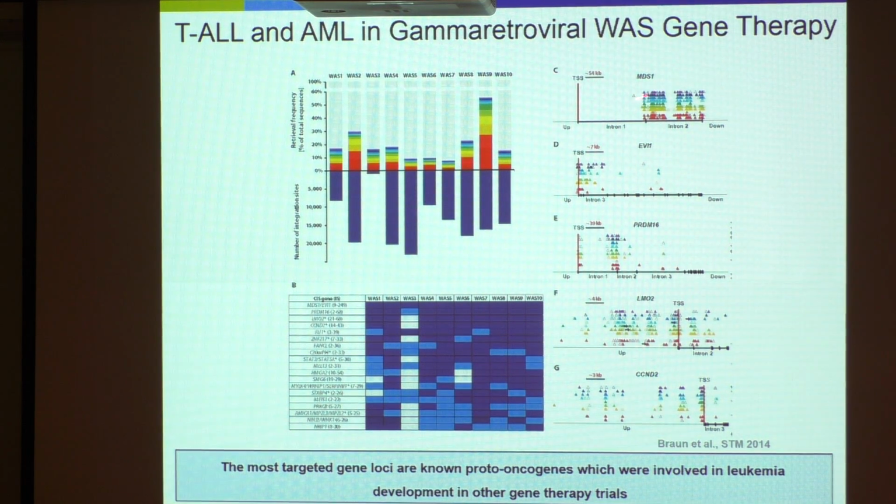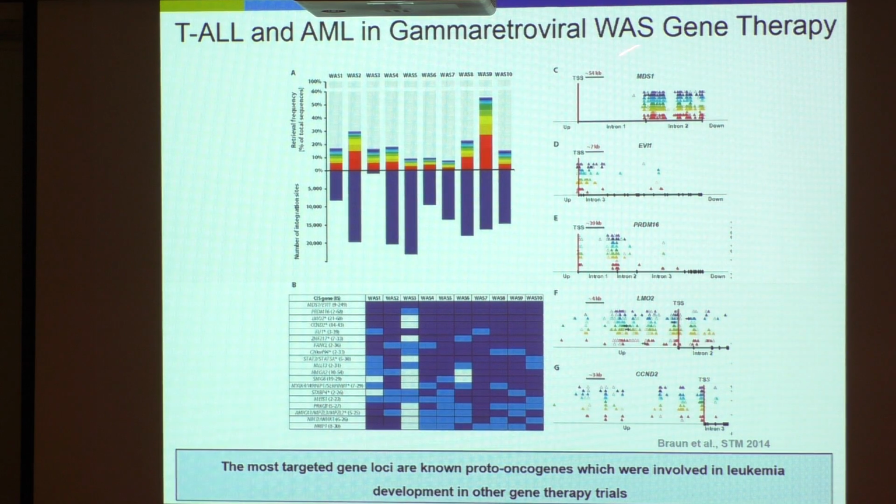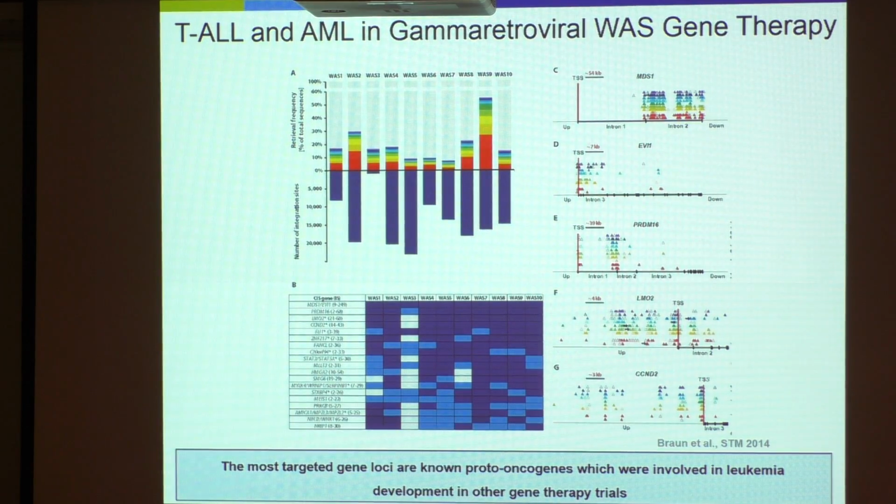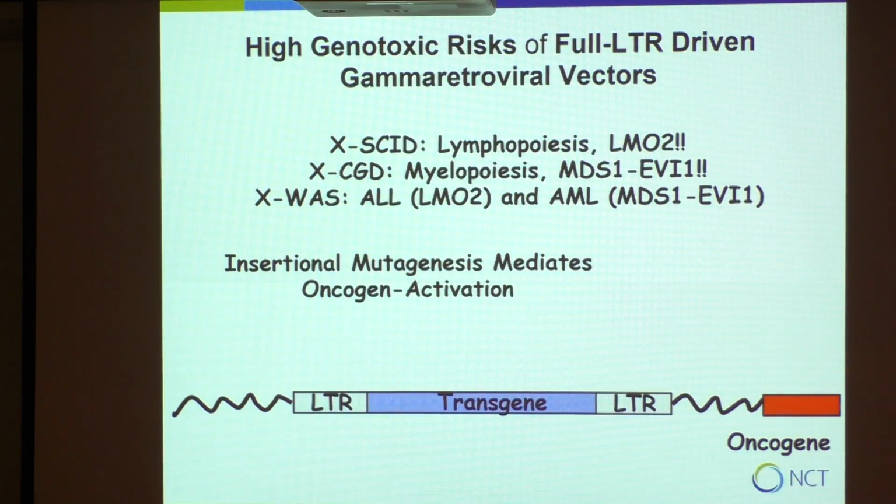You see here each color represents one patient, and really in these suspected genes or known proto-oncogenes that have played a role in previous oncogenesis, like MDS1, EVI1, and LMO2, we saw a lot of integration sites clustered, a lot of clones that had the vector located in these gene areas. This study was also conducted with a gammaretroviral vector.